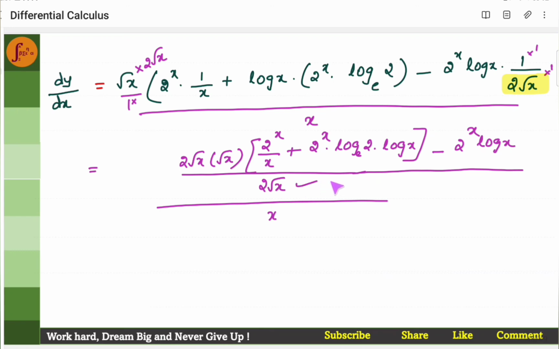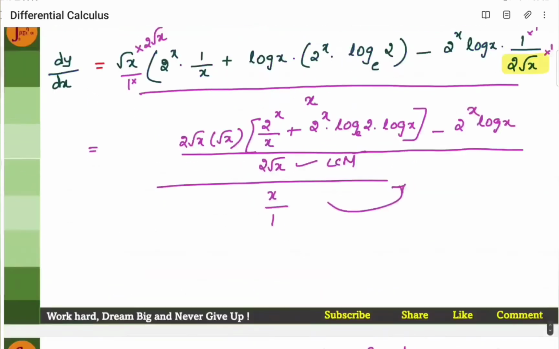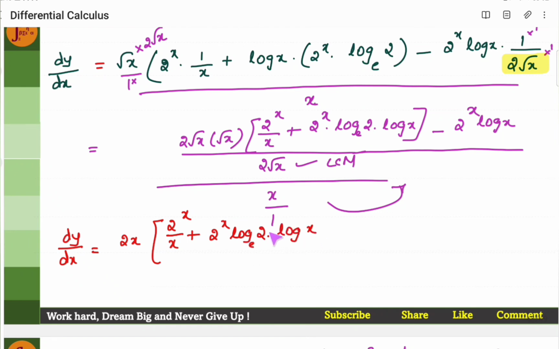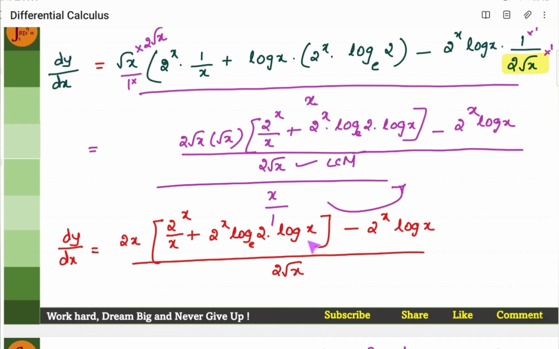By 2 root x, this is the LCM, by x, this denominator. Assume that this is 1 here and I take it on top, so it will become 1 by x. So I'll get dy by dx is equal to 2 root x into root x, which is x itself, 2x. I'll get 2 to the power x by x plus 2x log 2 into log x minus 2 to the power x log x, by 2 root x. If I take this on top, x by 1 will become 1 by x.